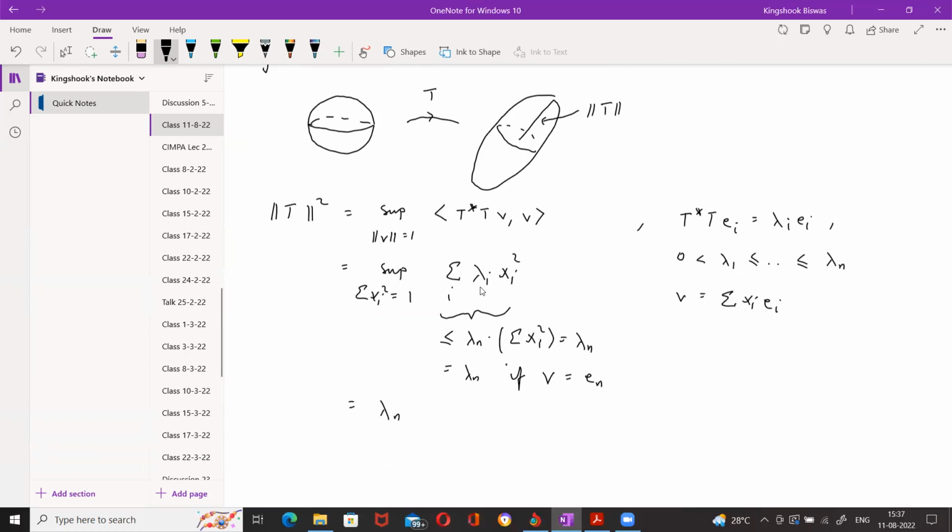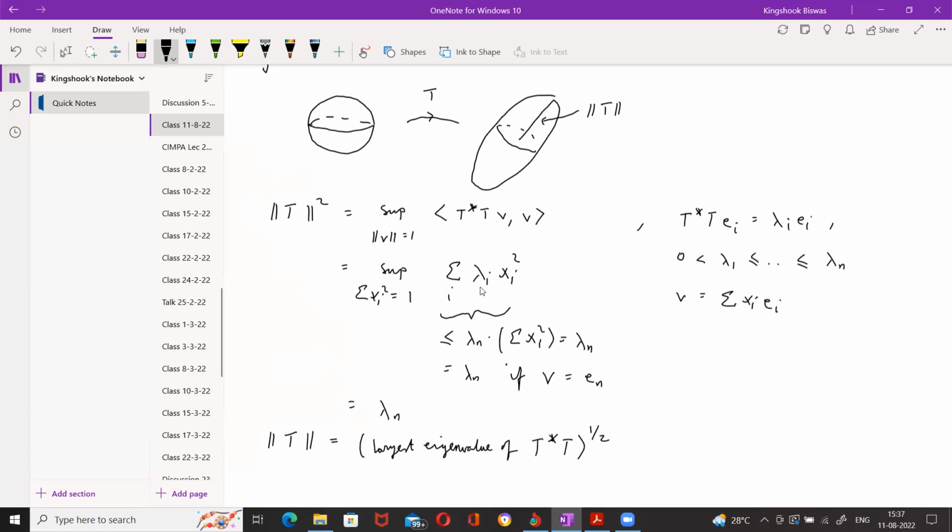So that means that norm T is a singular value of T, right? It's the largest singular value. So this is the largest eigenvalue of T star T to the power half.